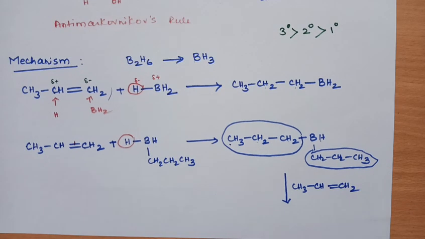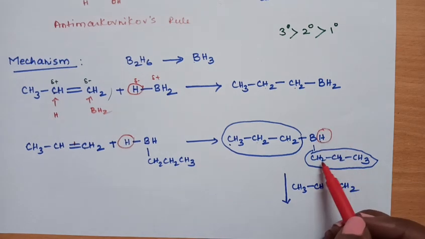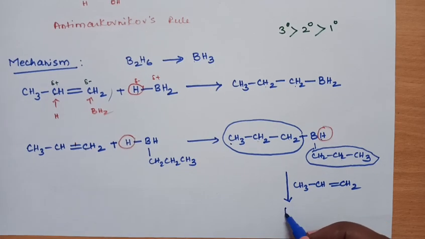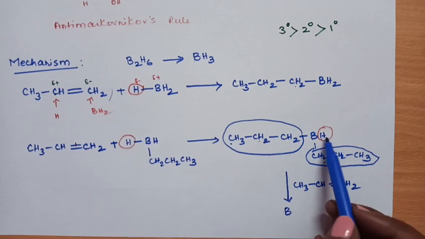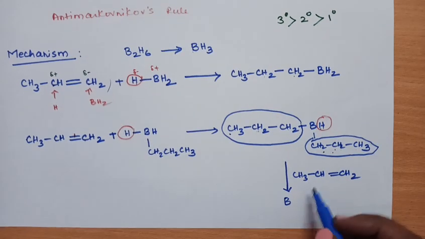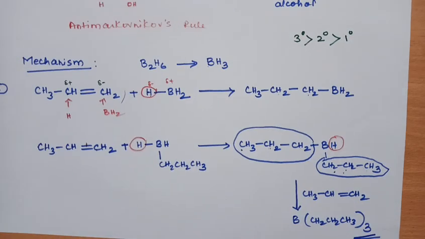When you treat with one more alkene, this hydrogen will also be replaced with CH2, CH2, CH3. So boron has 3 groups attached, 1, 2, and this also will be replaced by CH2, CH2, CH3. So it becomes CH2, CH2, CH3 3 times. This is what you will get in the first step.